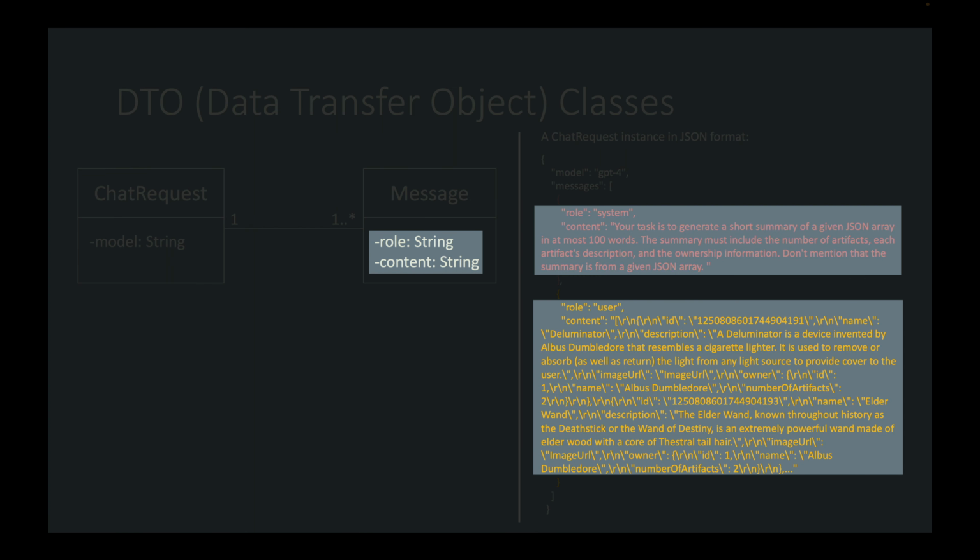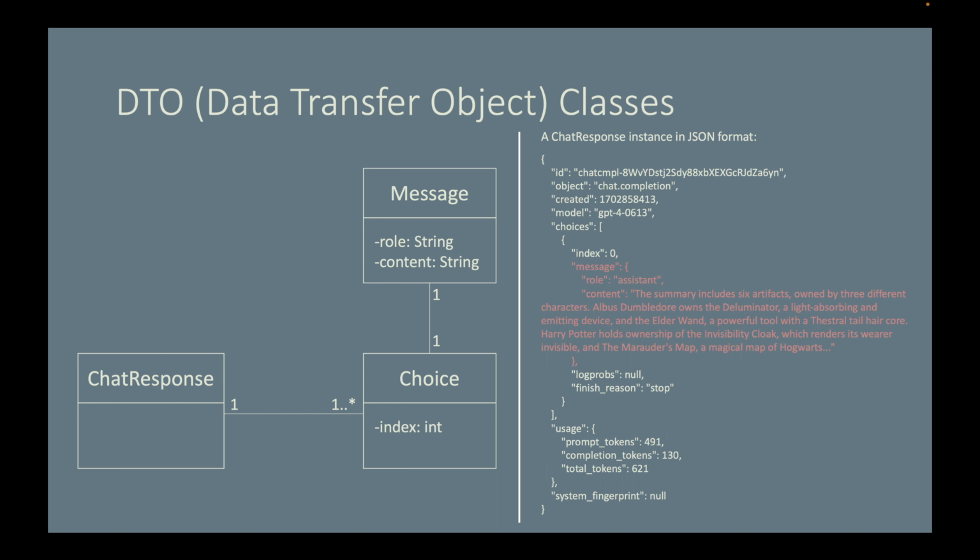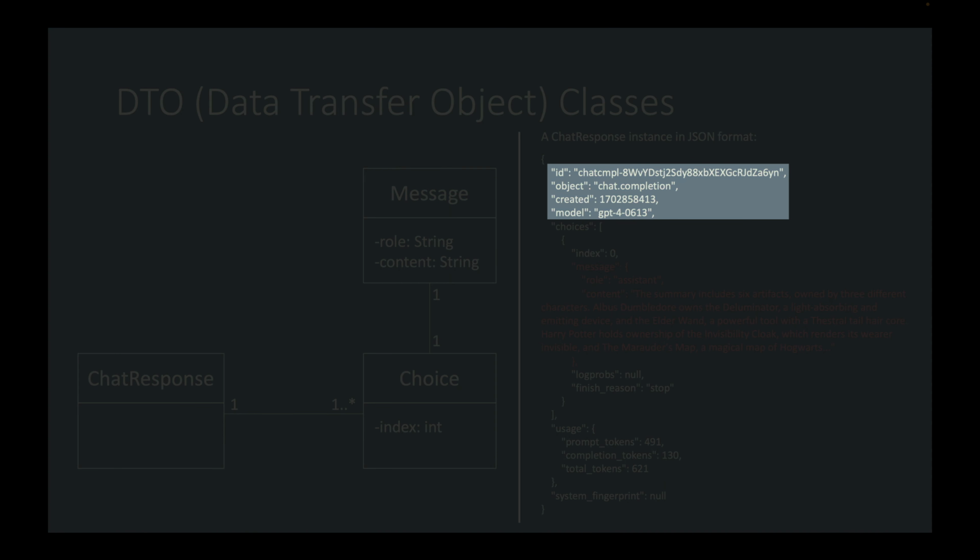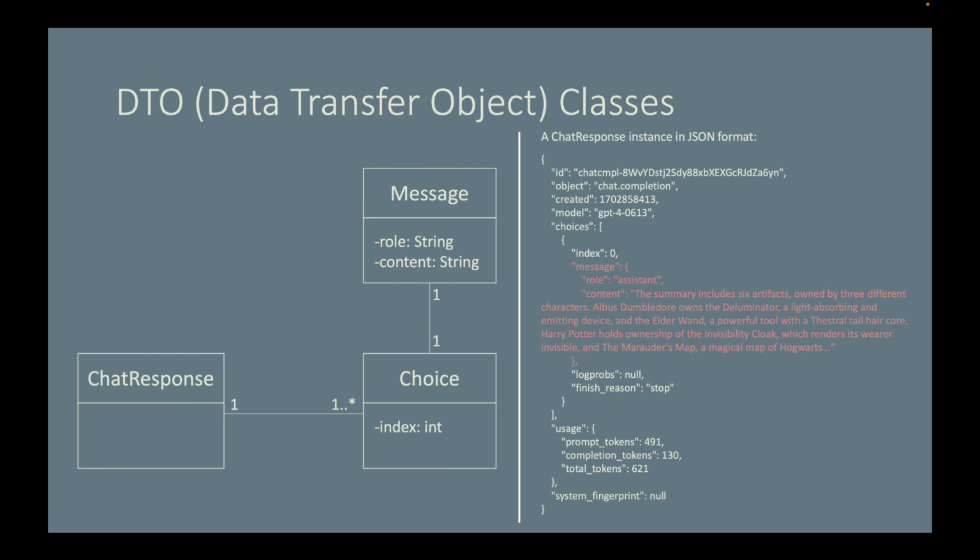And again, each message has a role and a content. This design corresponds to the response JSON object on the right side of the slide. In this design, I ignored many fields in a response, like ID, object, created, model, and so on. So feel free to add those fields in the chat response class if you need them.